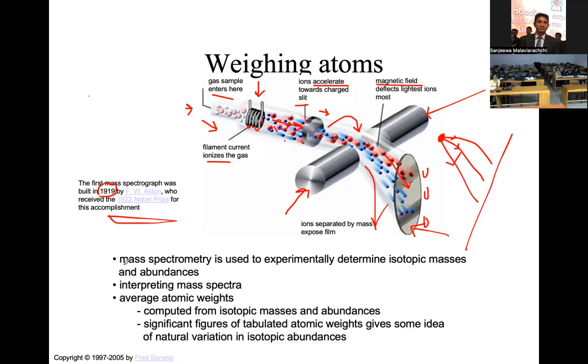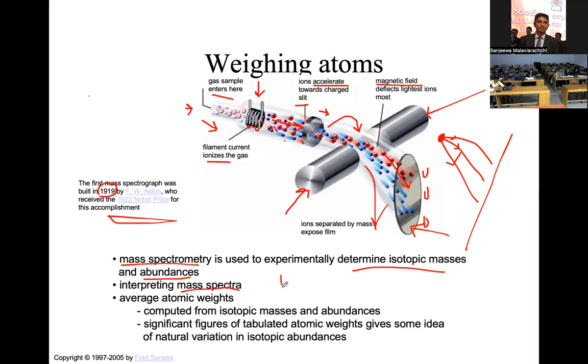So this is the phenomenon of mass spectrometry. We use it to determine isotopic masses, and abundances can also be calculated in unknown samples. You can count how many 35 atoms were there, how many 37 atoms were there, for example. We can interpret the mass spectra with the computer.